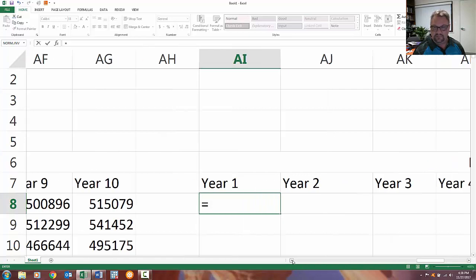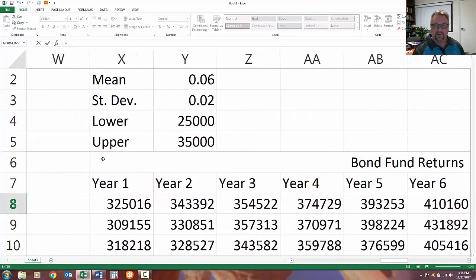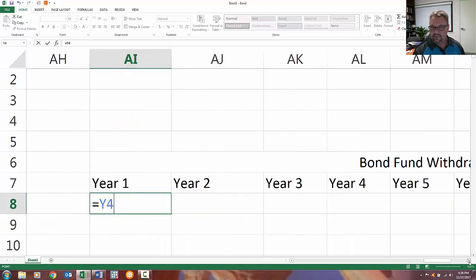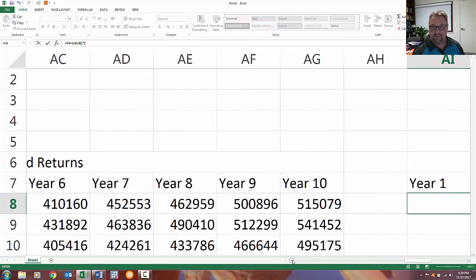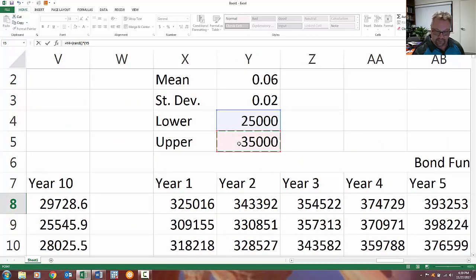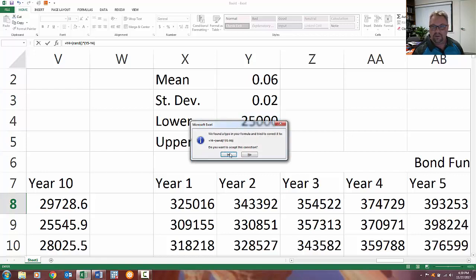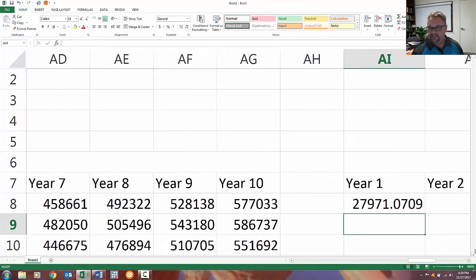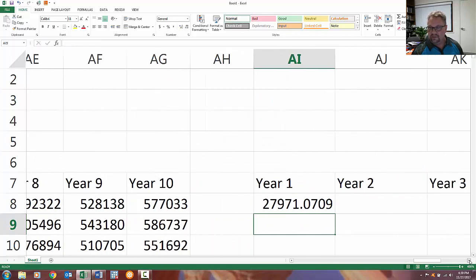So this is going to equal my lower bound, right, plus my rand function times upper minus lower. I forgot that parentheses. I hate when that thing honks.